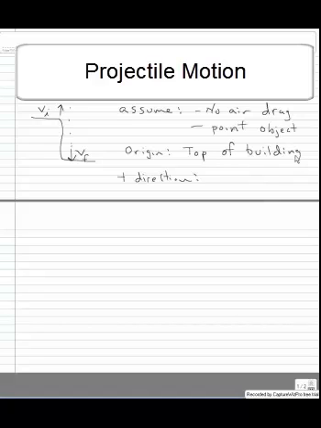And our positive direction, do we want it to be up or down? It doesn't really matter. Most students like up to be positive, so why don't we go with that? So at this point here, we have y equals 0, and any point above that is our positive direction.